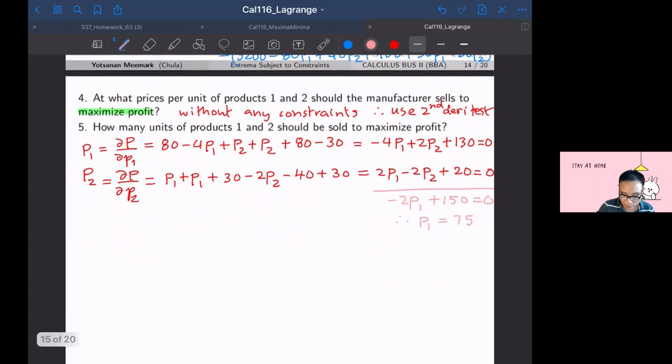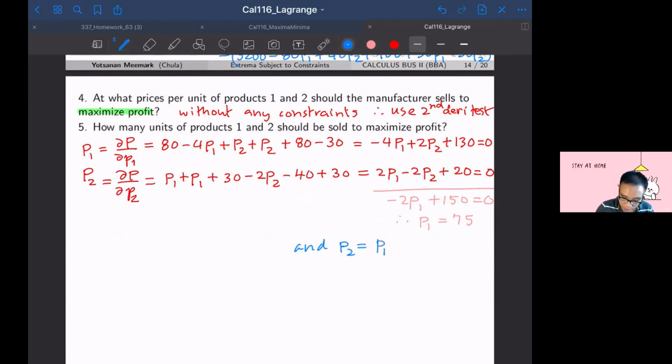So you have p1 equal to 75, and you solve for p2. What is p2? p2 will be p1 plus 10, right?